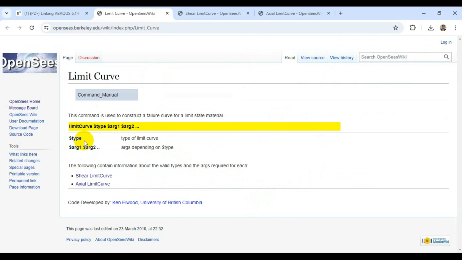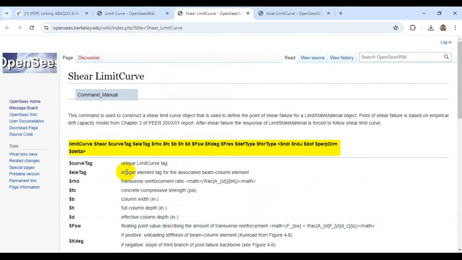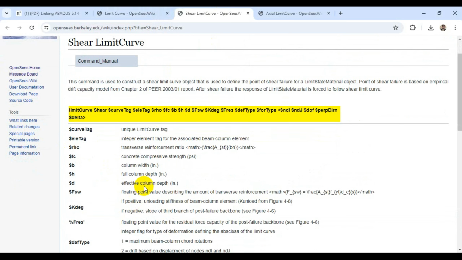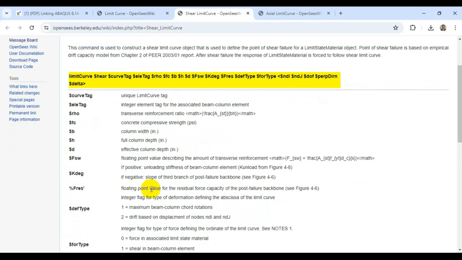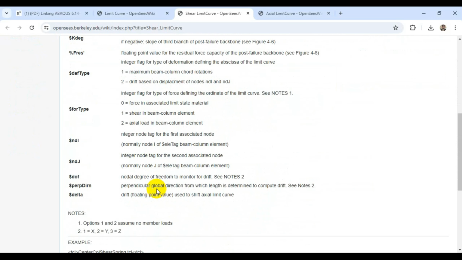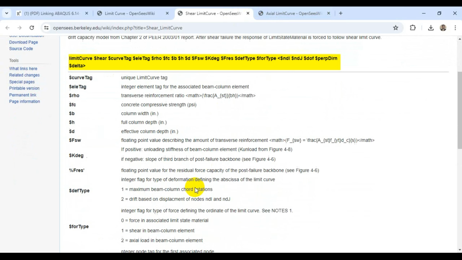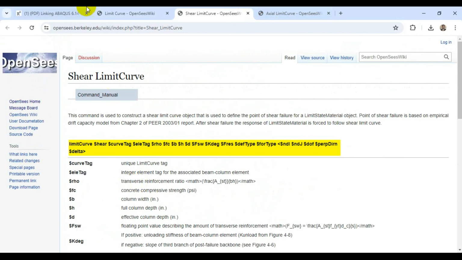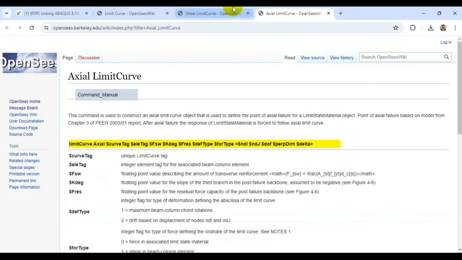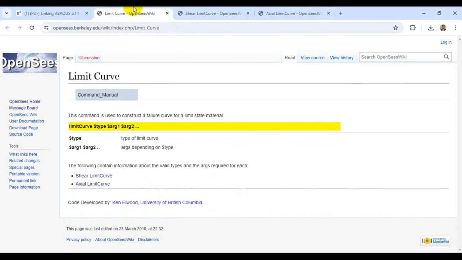So we have this limit curve. For the shear limit curve, we need other information that is required in OpenSees, and also there are various kinds of definitions that this model depends on. So it's not that simple.